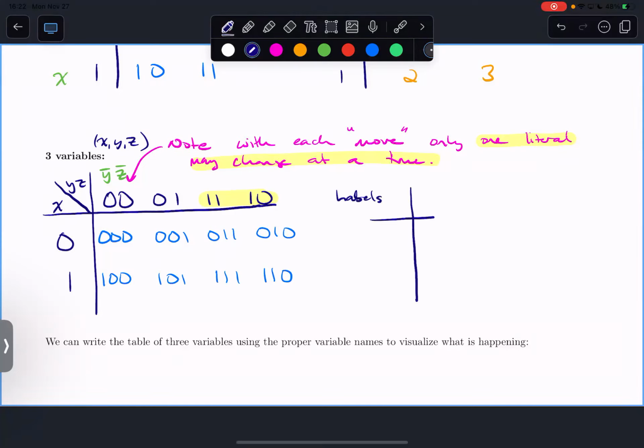We convert these to labels. Pretty soon, I'm going to switch to just writing the labels immediately, because once we have a pattern going on, that's going to be pretty quick to do. So X, Y, Z, still 0, 1, 0, 0, 0, 1, 1, 1, 1, 0.